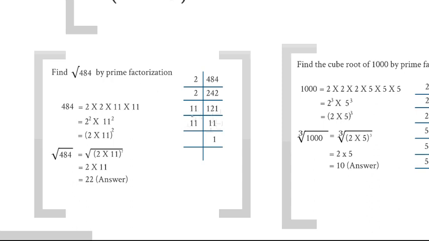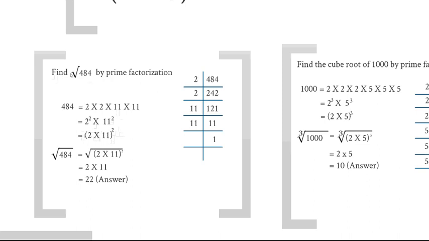So 11 divided by 11 equals 1. If I see this 1, I know that my division process has ended. So I write 484 as a product of its prime factors: 2 times 2 times 11 times 11. That would be 2 squared multiplied by 11 squared. We know from our previous step that this is equal to 2 times 11, the whole thing, squared.